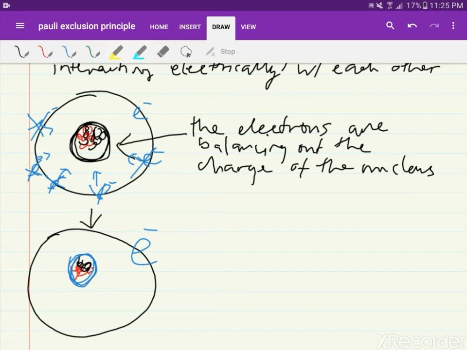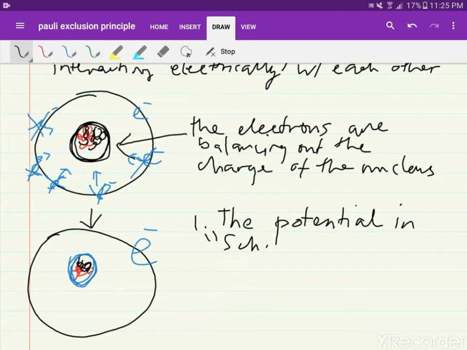So what are the results of this simplification? First is the potential, if you would recall in our Schrödinger equation, will be changed depending on how many electrons are being squished into the nucleus.